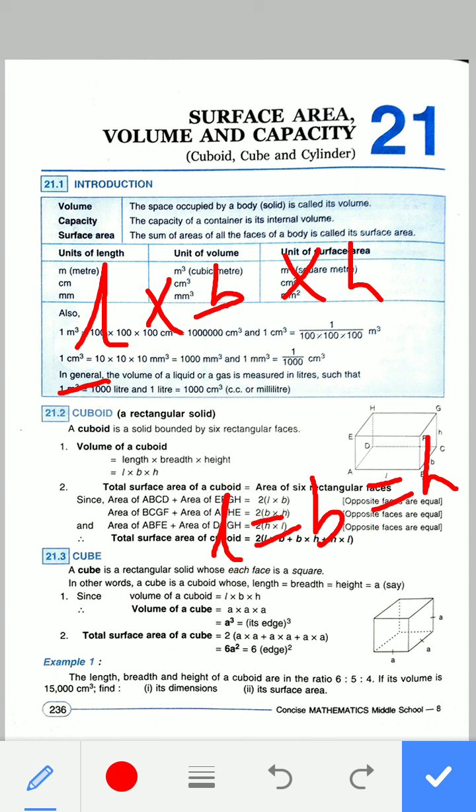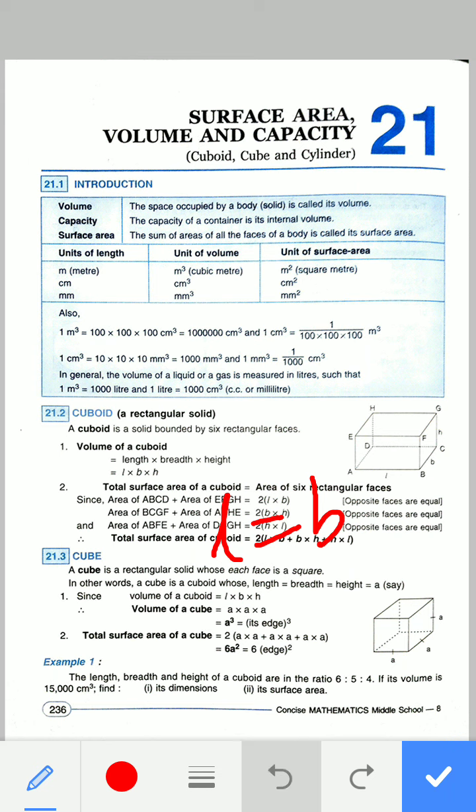Now what do you mean by total surface area of a cube? Total surface area of a cube means the sum of all the areas of the given cube. So what is the formula? 6 into a squared.